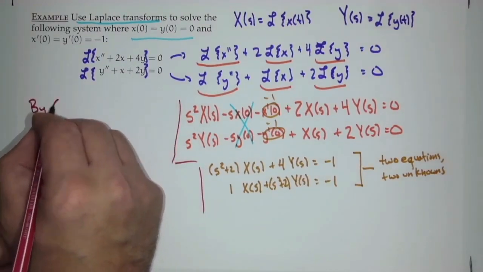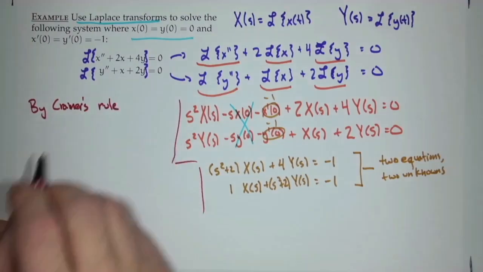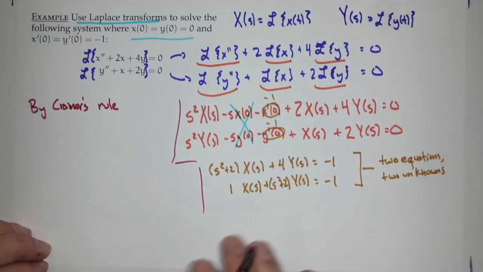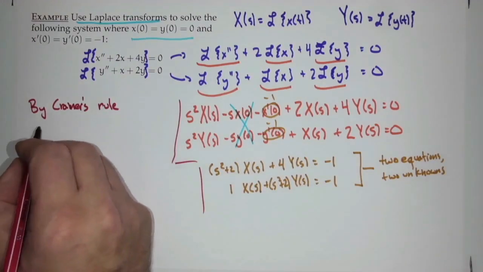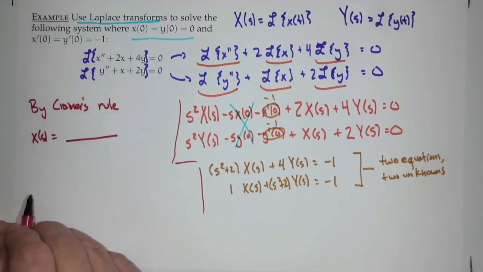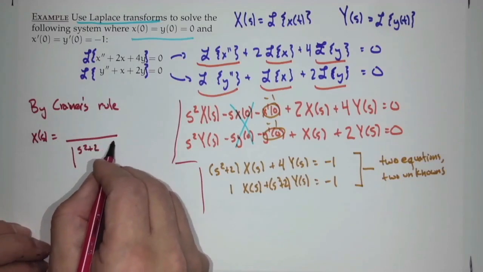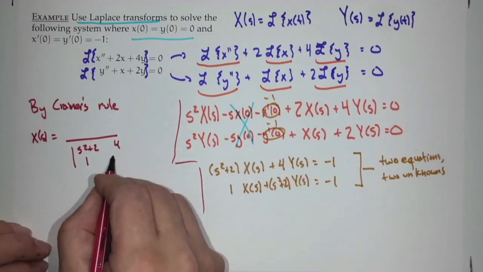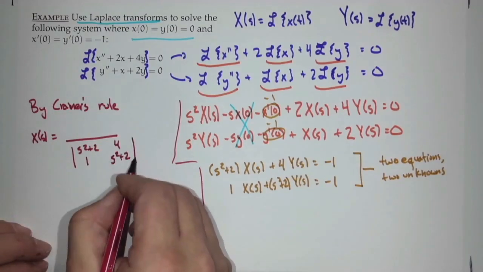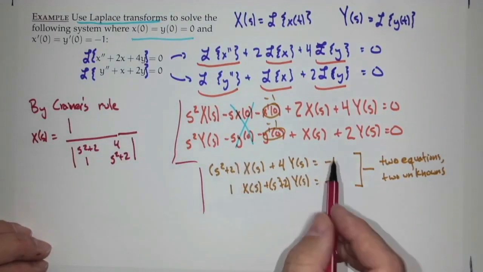I think this is how the book likes to do their example. So by Cramer's rule, do you want to solve for x or for y? X. So x of s is a ratio of two determinants. Downstairs, it's your coefficients. Upstairs, it's similar, except you replace the first column by the minus 1s.